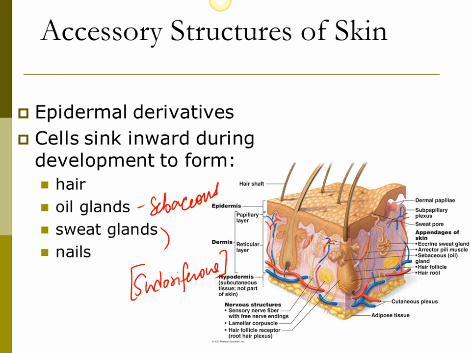These accessory organs are derivatives of the epidermis. You will see how the epidermis goes down and forms these accessory organs, which is why I don't have the erector pili in this list, because it is not an epidermal derivative. It is still found in the dermis, but it's a separate structure by itself.